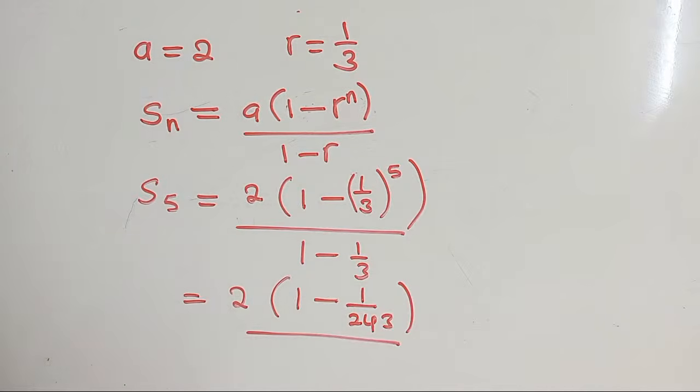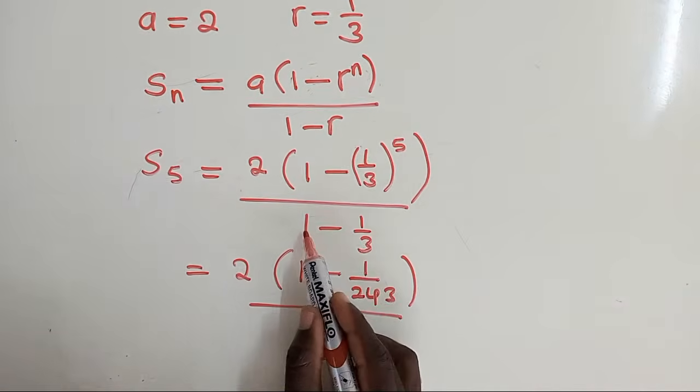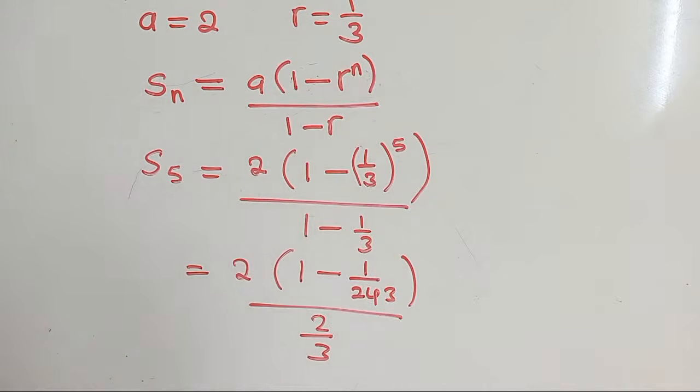When we work out the denominator, we're getting 2/3, 1 minus 1/3. This is what we are getting.